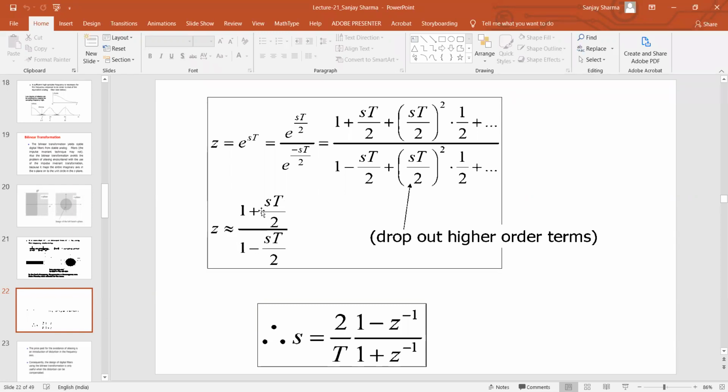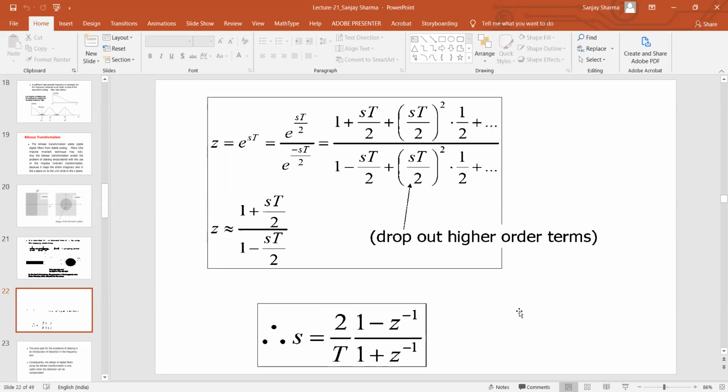If I extract the value of S from here, S is equal to 2 by T times 1 minus Z to the power minus 1 divided by 1 plus Z to the power minus 1. This is the bilinear transformation formula, which will be used to convert an analog filter to a digital filter.